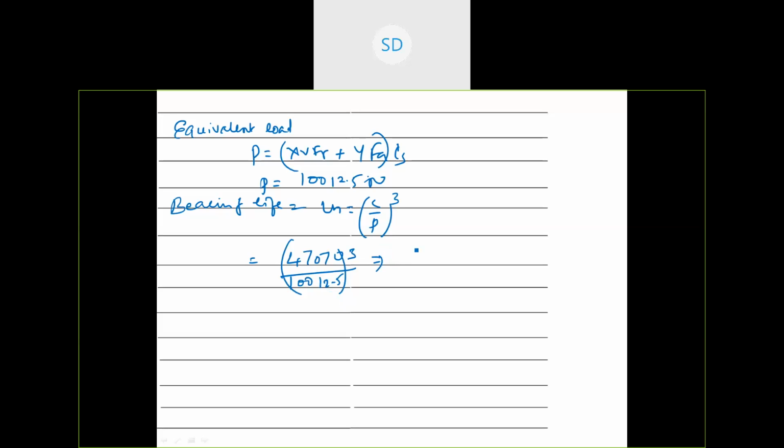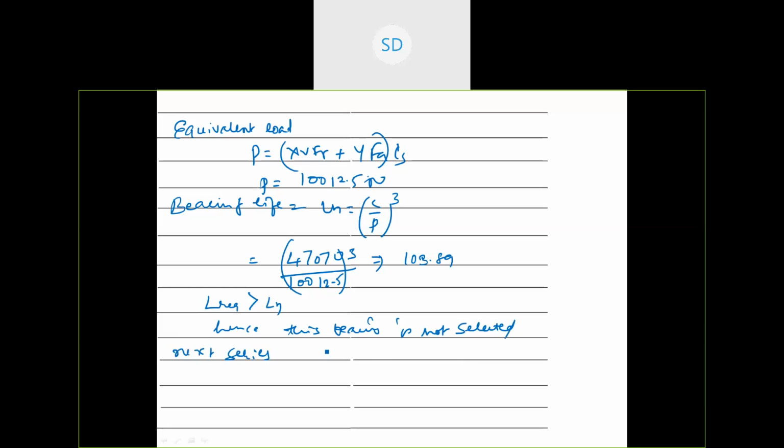I think 103.89 is correct. Again here what happens? L required is more than Ln, hence this bearing is not suggested, or not selected. Okay, so let us go for the next series.